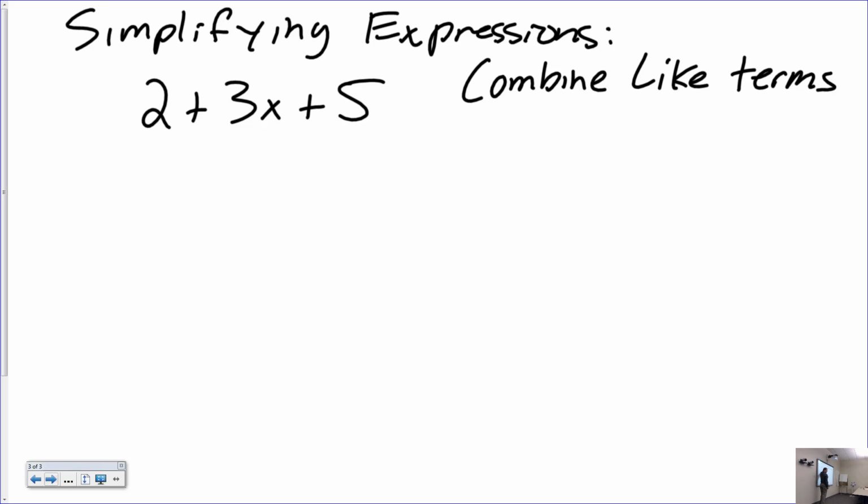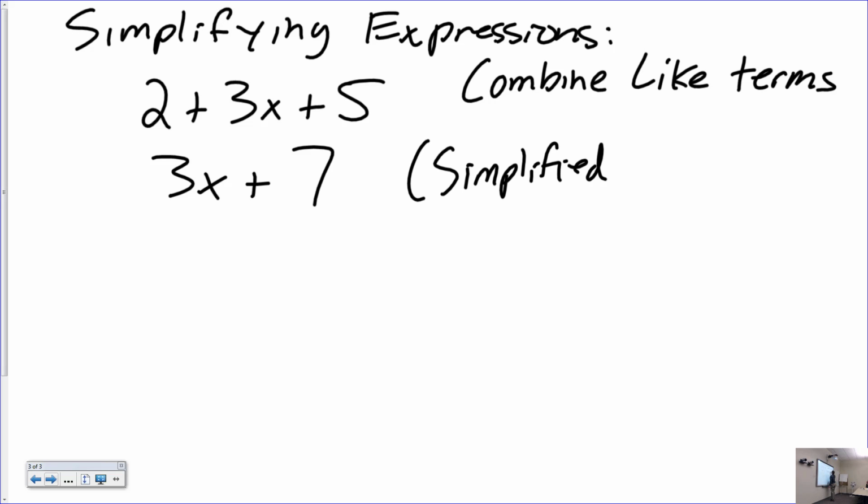Therefore, the 2 and the 3 do not get combined together. That expression is the simplified version of the one above it.